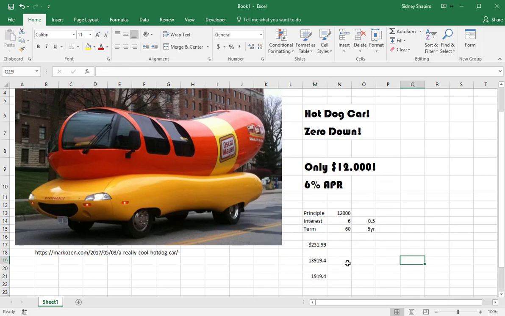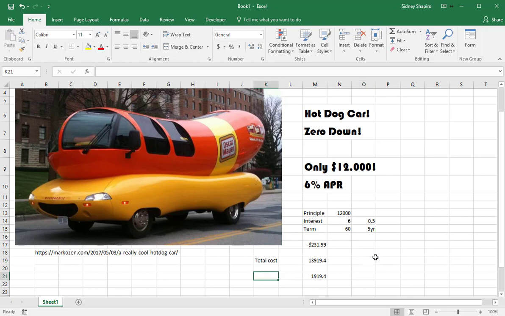Now, I wanted to know what is the total cost of the loan. Right, so I did $231.99 multiplied by 60, which is the term of the loan, and I got $13,919.04. And this includes a certain amount of interest, which is why this number is bigger than this number.